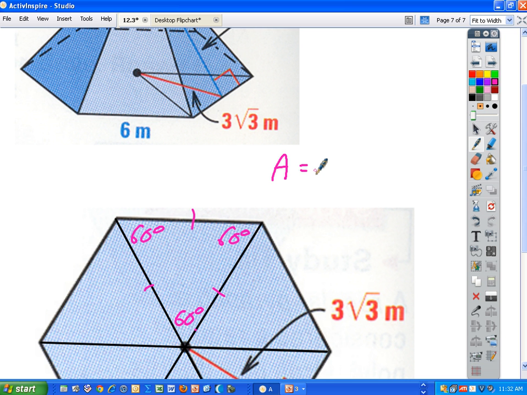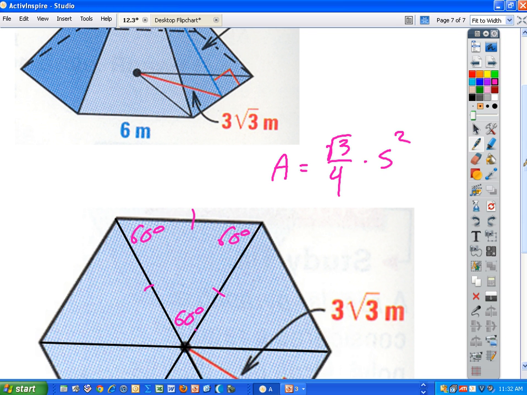We could multiply, it was the fraction, the square root of 3 over 4 times s squared. Remember that? Okay. So one thing we could do here is find the area of one of these triangles by multiplying the square root of 3 over 4 times 6 squared, and then just multiply that by 6. That would work, wouldn't it? If we want to use the formula, does that make sense? Is everybody okay with that?